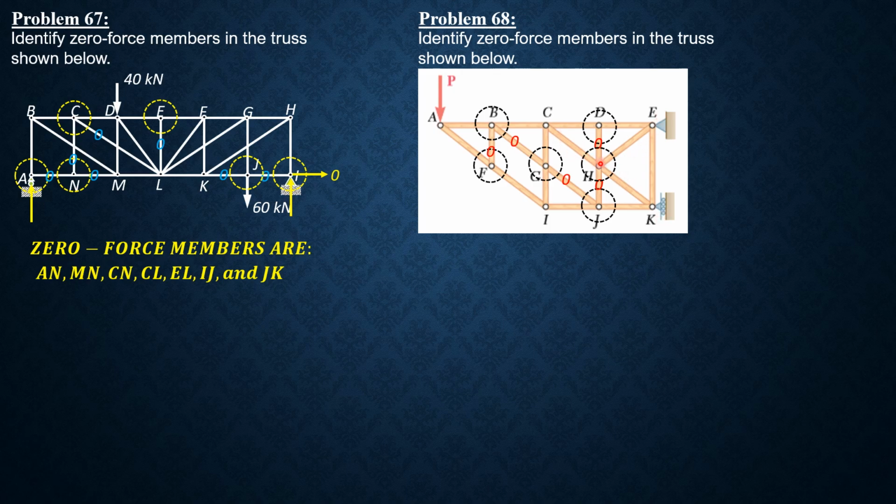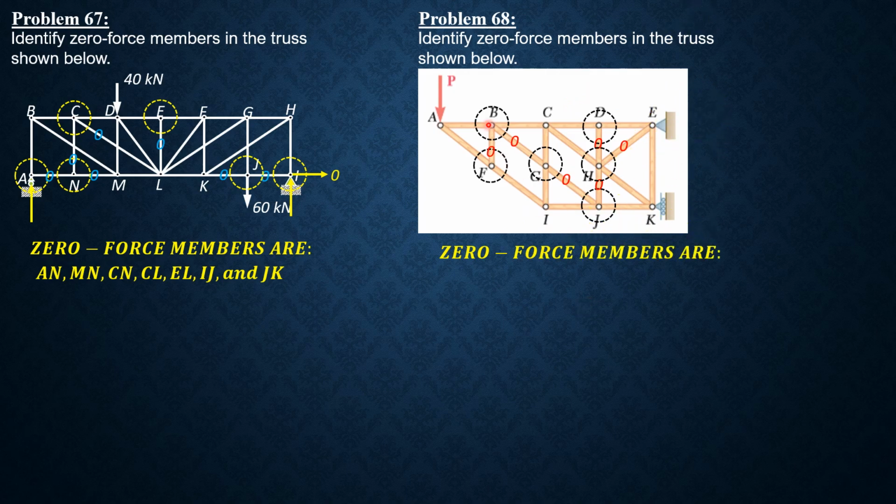Since CH and HK are collinear, automatically HE is 0, or EH is 0. And no more. So those are the zero force members.